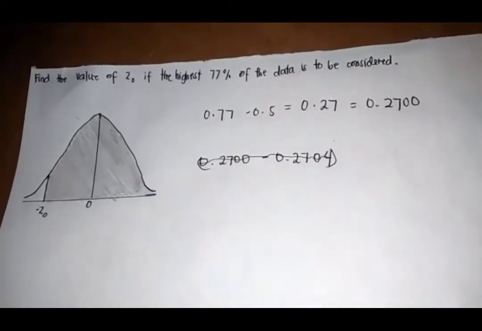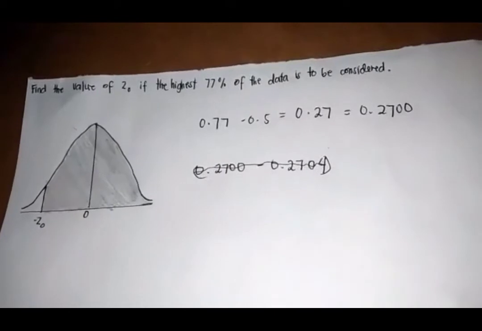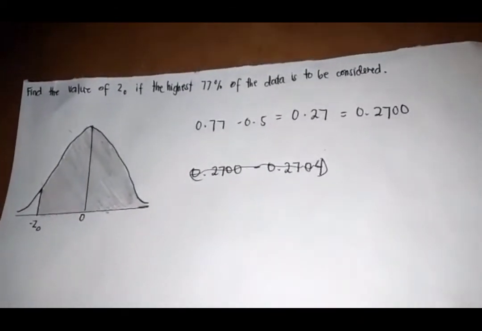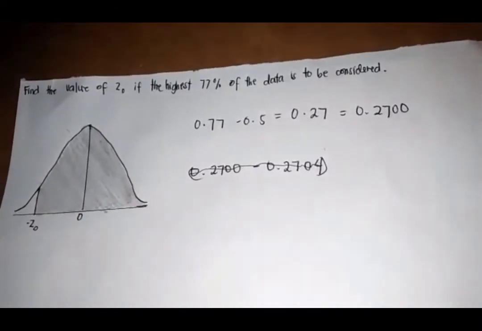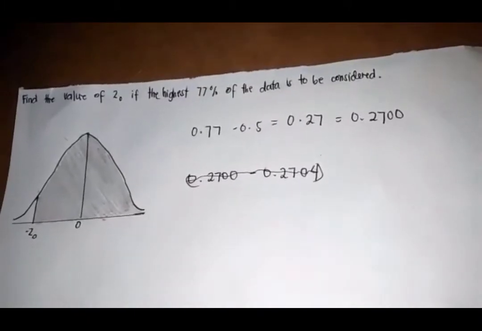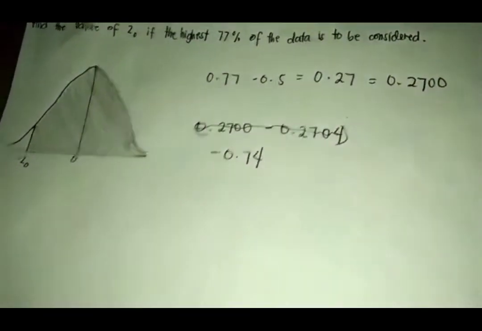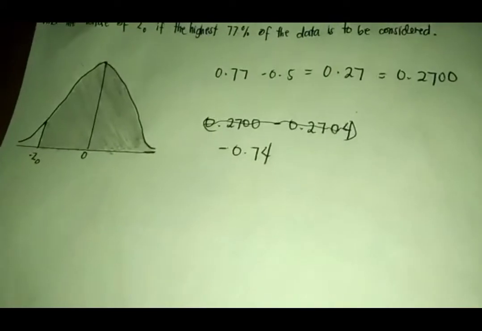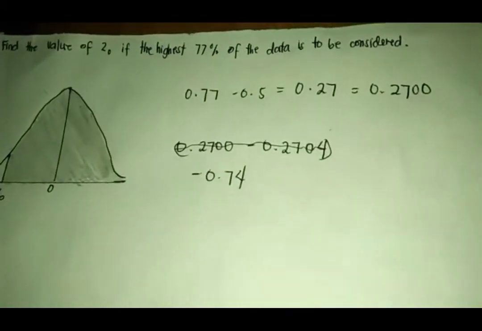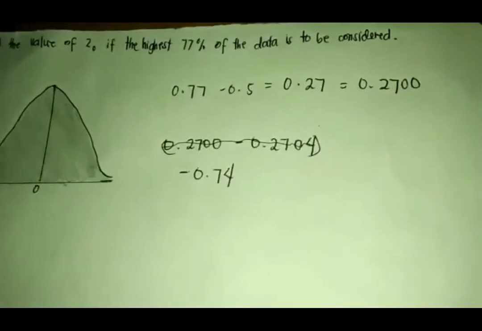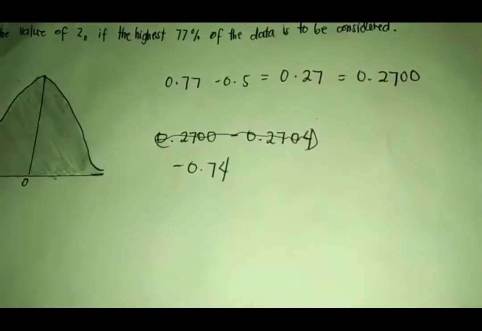So the z-score, if the highest 77% of the data is to be considered, is negative 0.74. Why is it negative? Since the z value is below the mean, it is negative. So the z-score is negative 0.74.